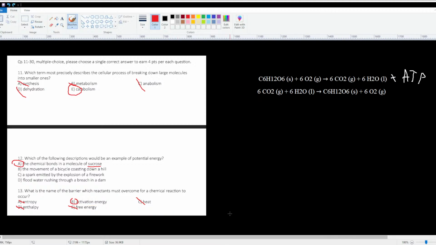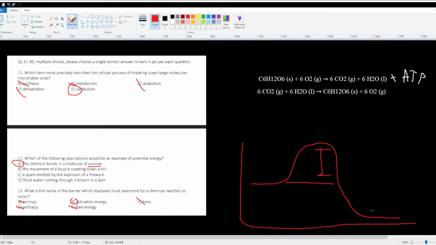And of course, activation energy is, so I'm just going to draw it crudely, right? So this is a reaction. If we cross the line here, this would be an exergonic reaction because we're ending up with less free energy than what we started with.